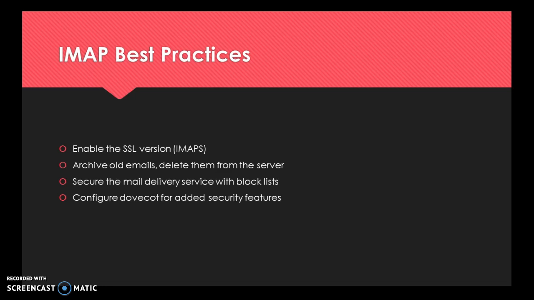IMAP and POP3, as we discussed last week, are similar as they're both used to receive or retrieve emails from a server. There's a couple main differences between IMAP and POP3. One of them being that IMAP will keep the emails on the server even after they've been retrieved, but even though they're still kept on the server, they can still be managed.